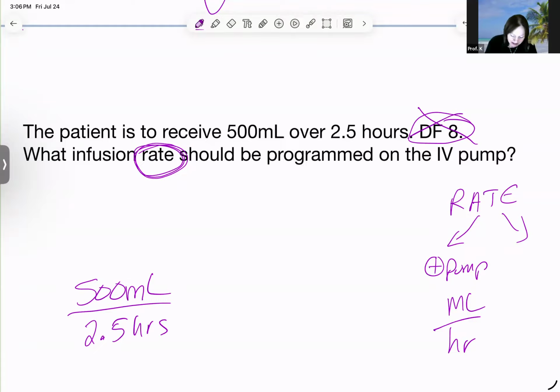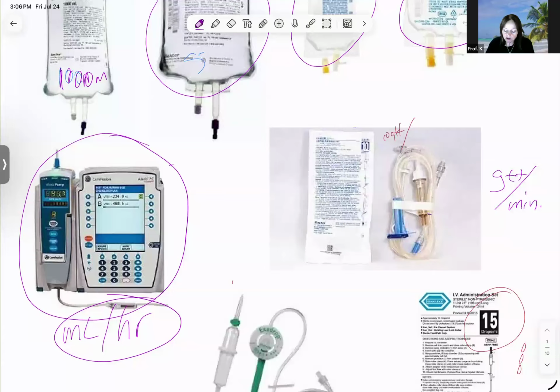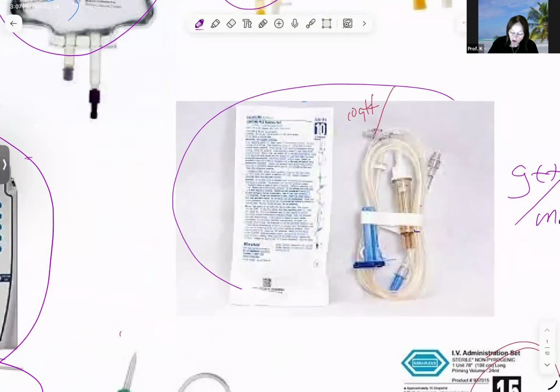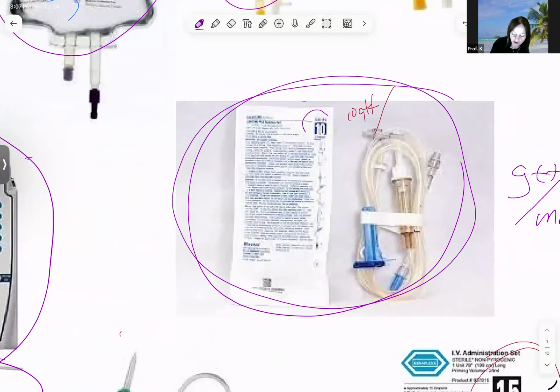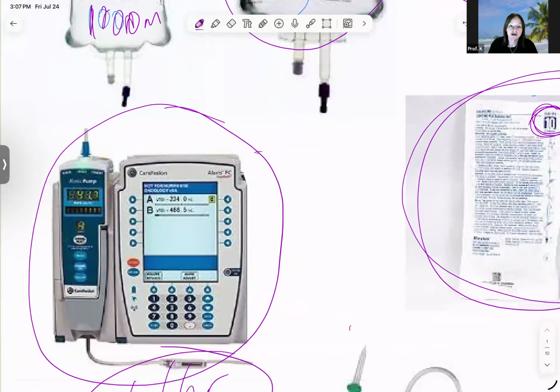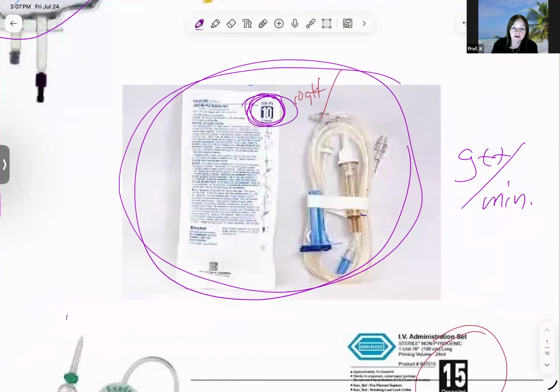It's not to trick you. In real clinical practice, you're going to use tubing that automatically includes the drop factor on it. Why do I need to know that? Well, what if your magical computer stopped working during the infusion? You can figure out through gravity how to run it using the drop factor.